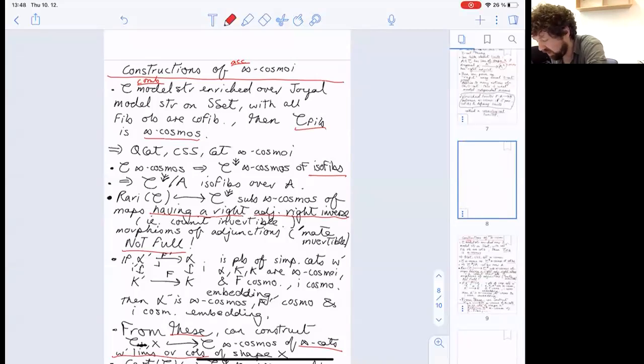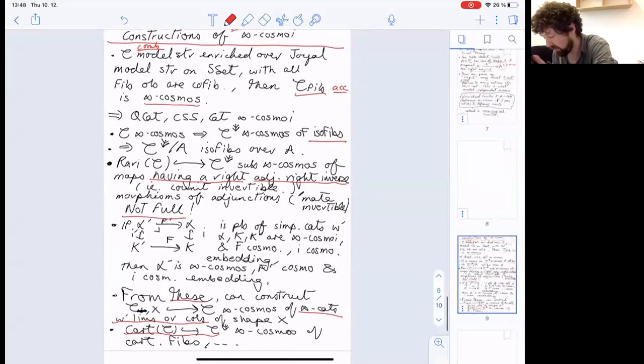So if we have a combinatorial model category, then C5 is an accessible infinity cosmos, okay? So all of these basic examples are accessible. So again, if C is an accessible infinity cosmos, so is this C5.